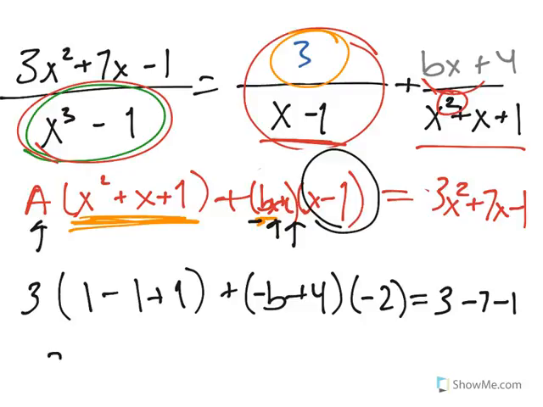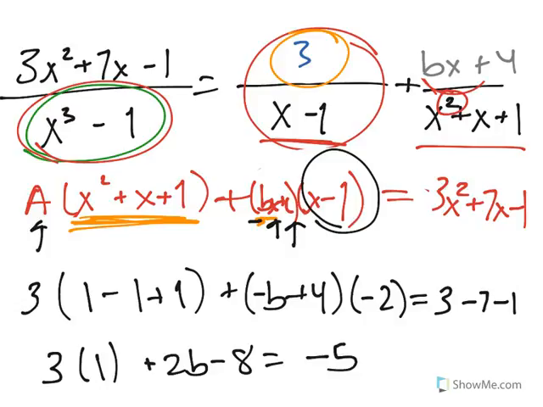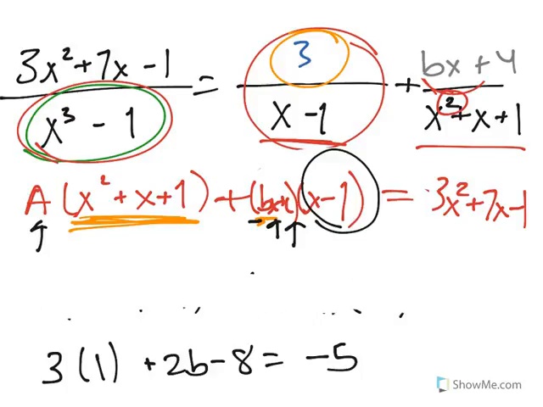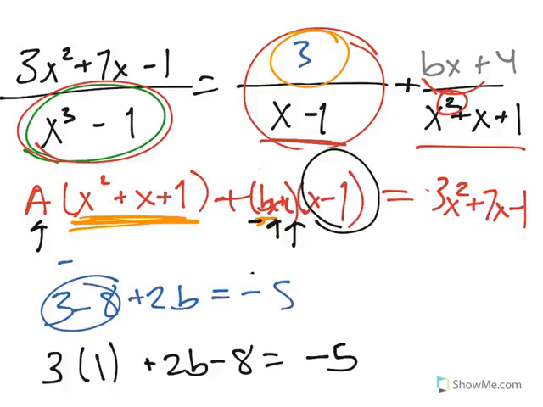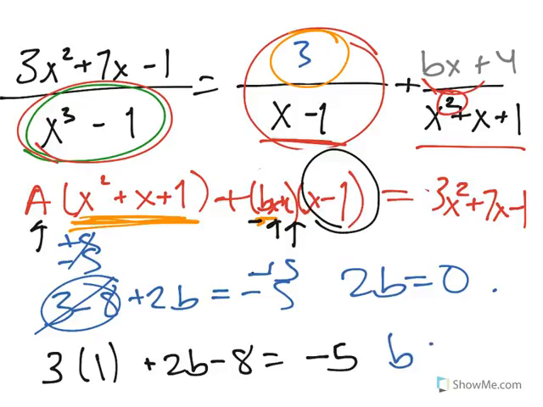So now we have 3 times 1 plus 2b minus 8 is equal to negative 5. So if we solve for b, 3 minus 8 plus 2b is equal to negative 5. We add 5 to both sides and we get 2b is equal to 0, which means that b is equal to 0.